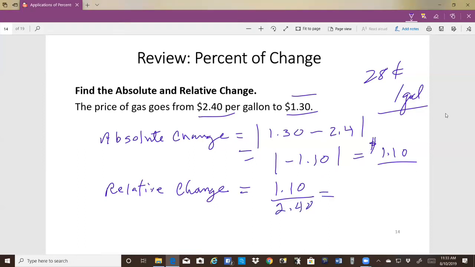Put this in your calculator and you get 0.45833, and convert to percent and you get 45.83%. So the price of gas is 45.83% lower.